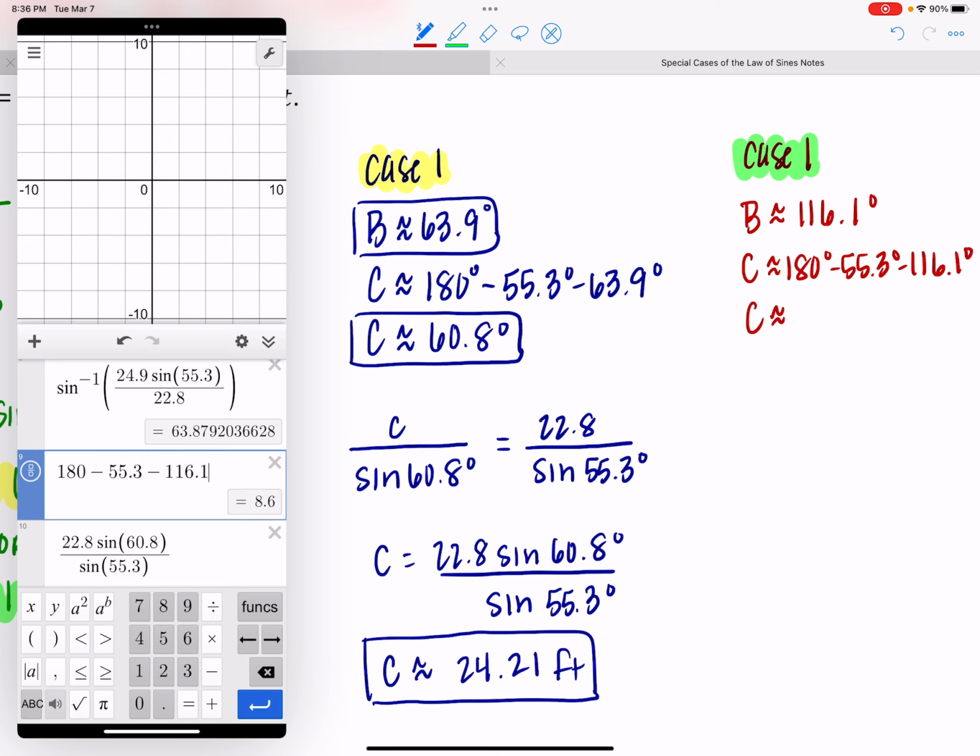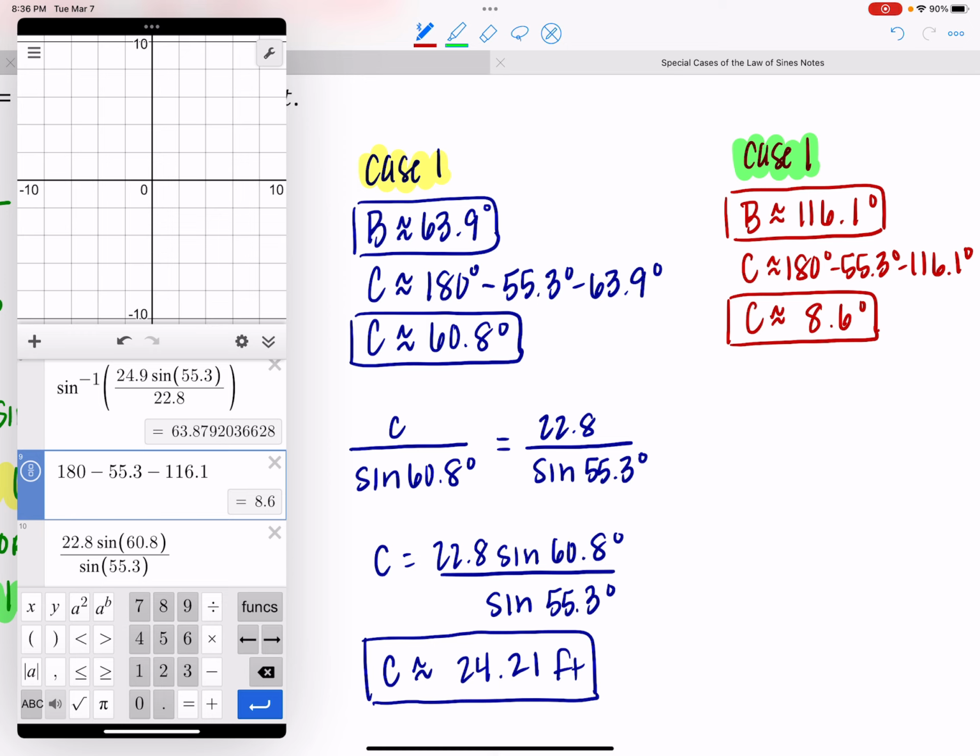I hope when you are using your calculator that you're also recycling and not having to type things in over and over. So we get 8.6 degrees. So we had one angle given, we found one option for the second angle, and based on that option found the third angle. So the angles are done.